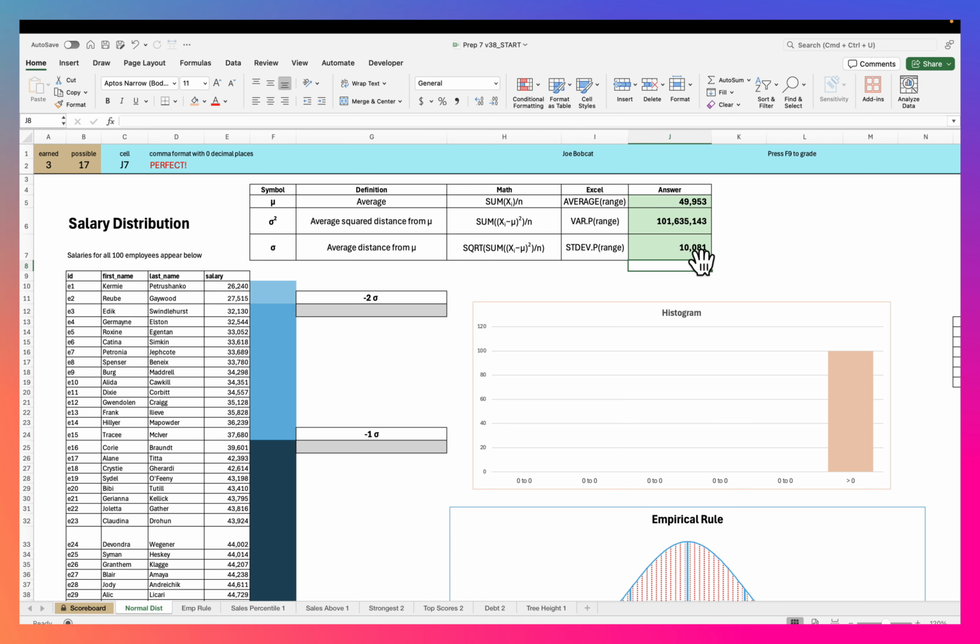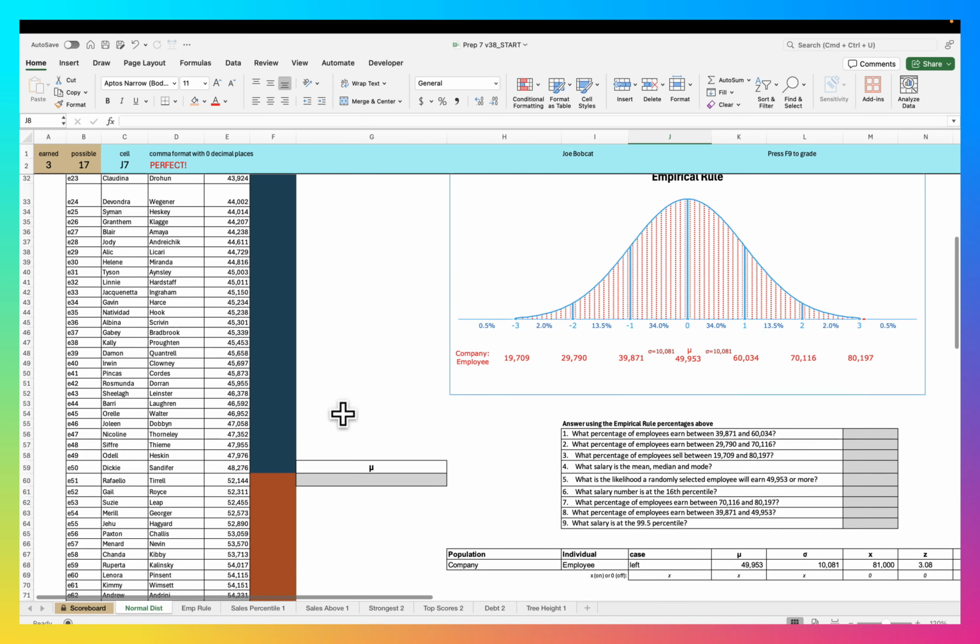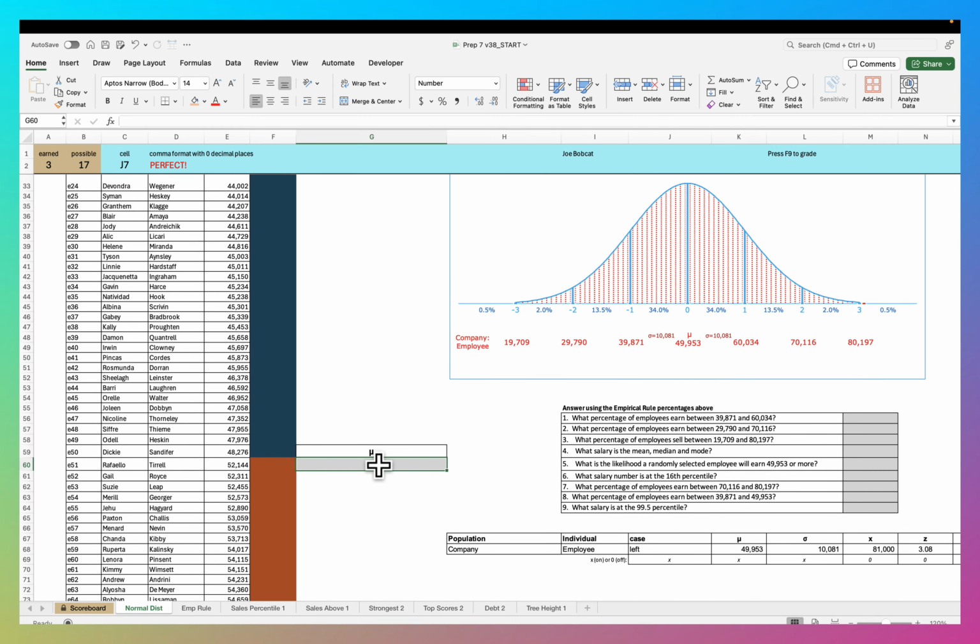All right, so what does that 10,000 mean? It means that the mean of the population is around 50,000, and the standard deviation, or the average difference in salary, is 10,000. So let's use those two numbers, and then we're going to color code the distribution based on that. So let's start here with the mean.